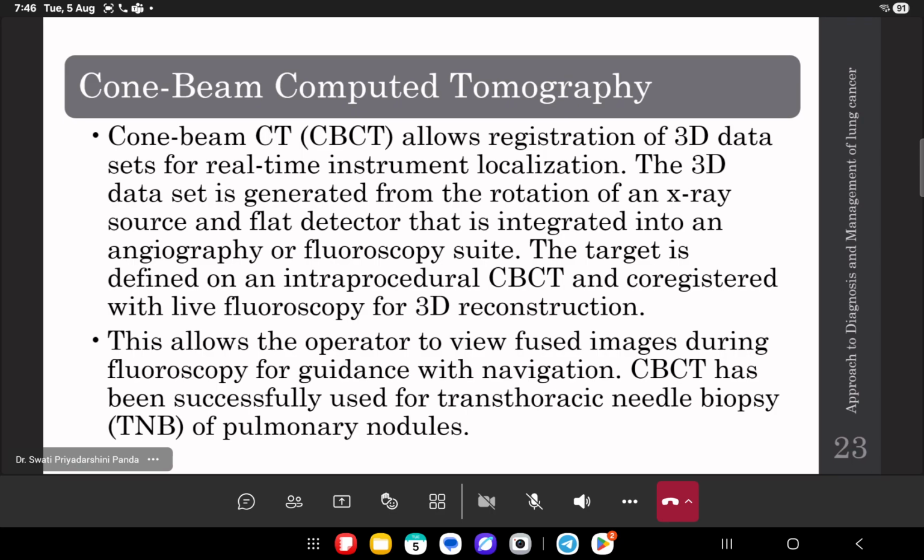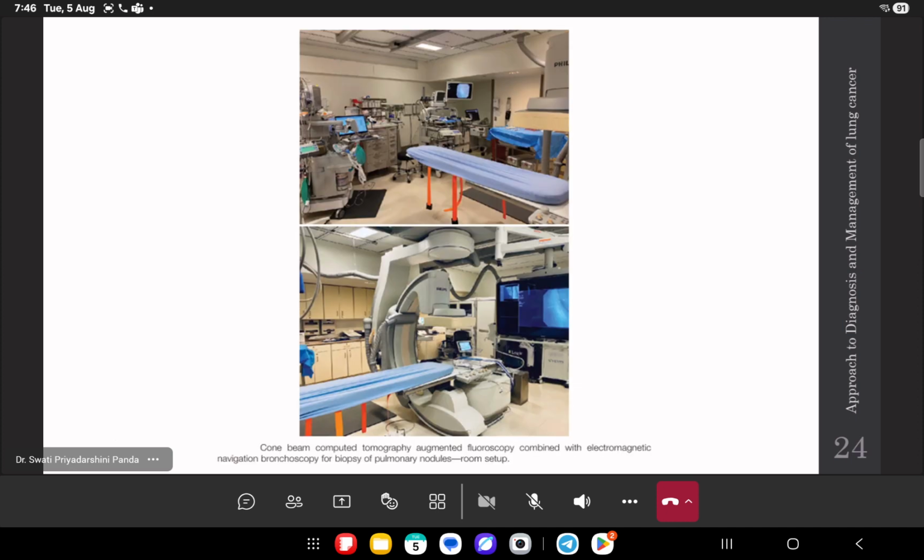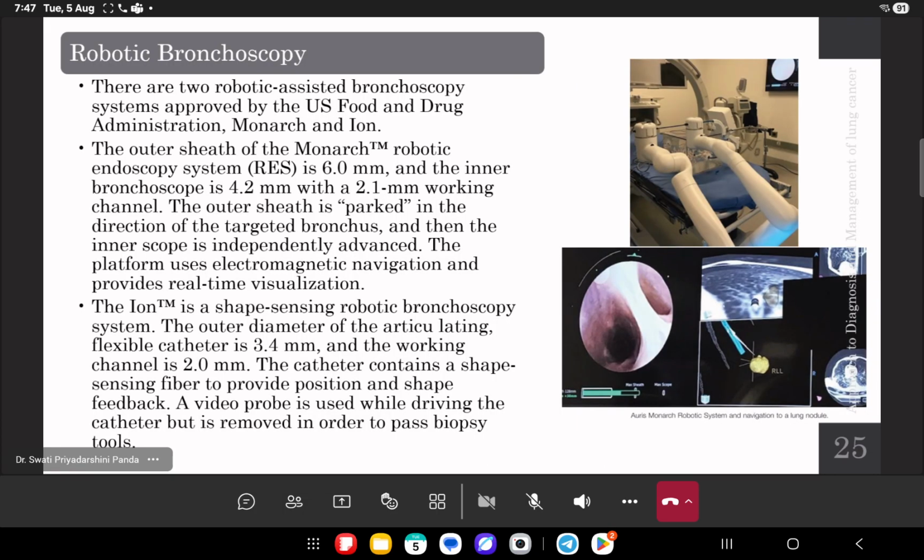This allows the operator to view fused images during fluoroscopy for guidance with navigation. CBCT has been successfully used for transthoracic needle biopsy of pulmonary nodules. This is the setting of a cone beam computed tomography with augmented fluoroscopy combined with electromagnetic navigation bronchoscopy for biopsy of a pulmonary nodule.